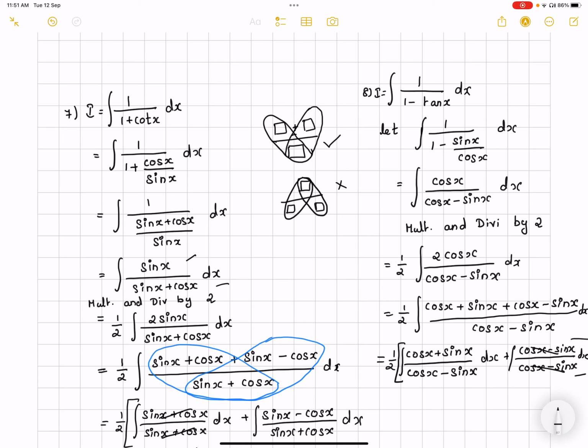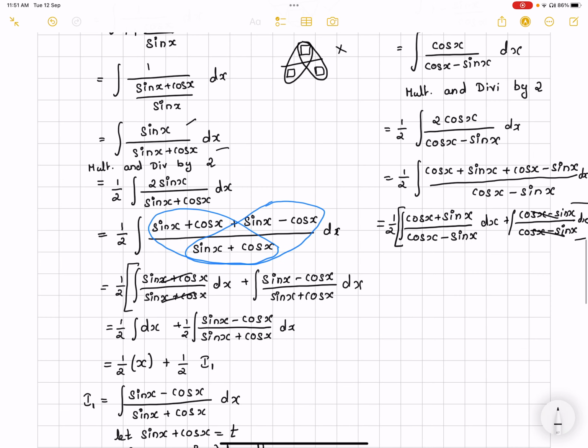So these two would be getting cancelled, and then we have half of the integral of (cos x plus sin x) divided by (cos x minus sin x) dx, and I have plus dx, which means here it would be plus x, and obviously plus c.